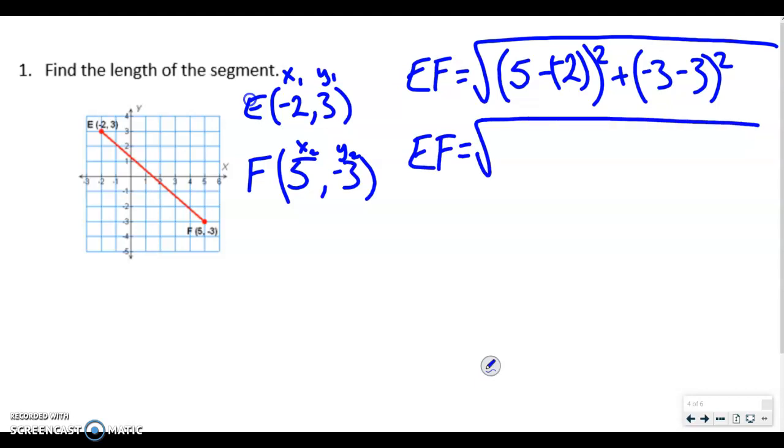So 5 minus -2, we've got double negatives, so 2 negatives make a positive. So that becomes 5 plus 2, which is 7. So we have 7 squared plus -3 minus 3 will give us -6. So we have -6 squared, all under the square root.